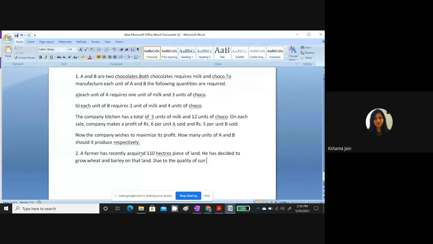Due to the quality of the sun and the region's excellent climate, the entire production of wheat and barley can be sold.